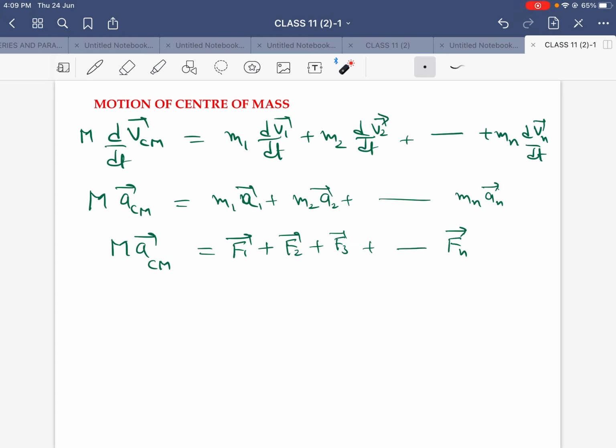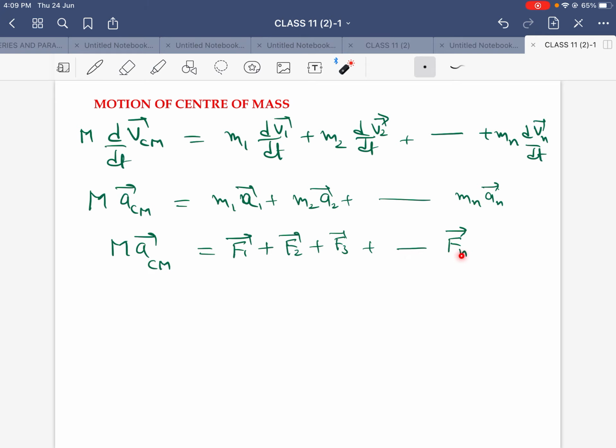Among these forces, there will be external forces exerted by the agency outside the system and also internal forces exerted by the particles of the system on each other. But according to the third law of motion, internal forces exist in equal and opposite pairs and therefore their contribution becomes zero.